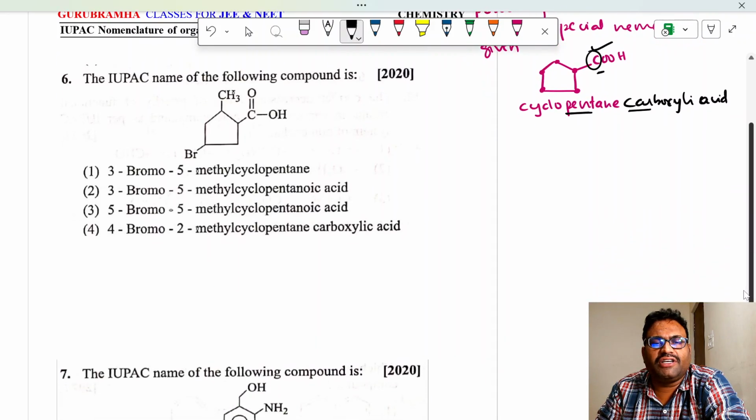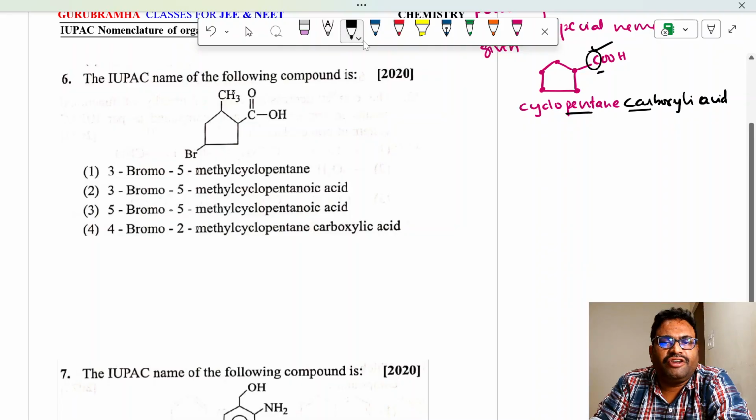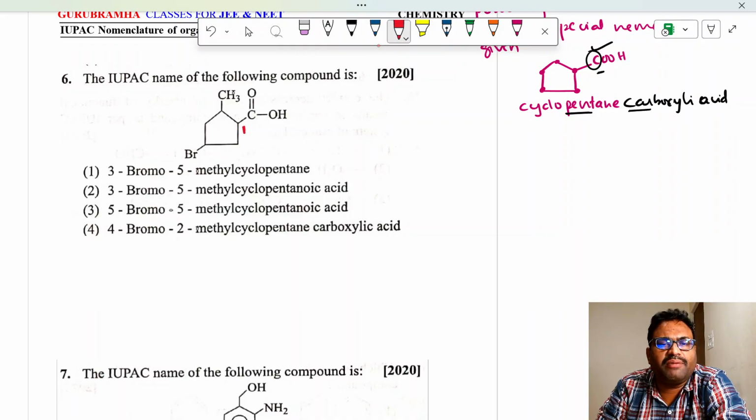Now let us go with the name. If you number this, how can you number this? Numbering 1. What is the parent chain? The cyclopentane parent chain.